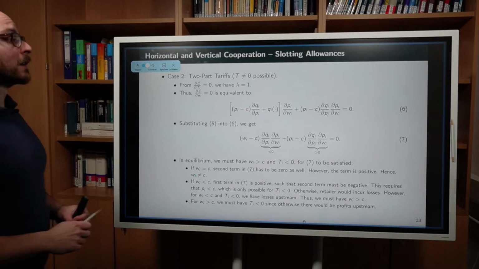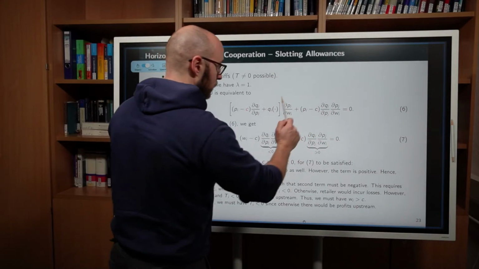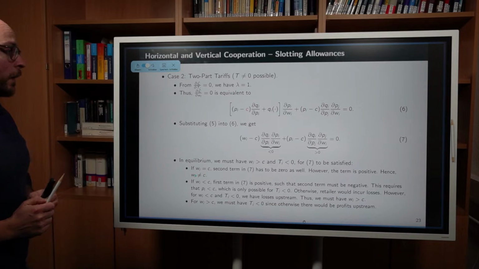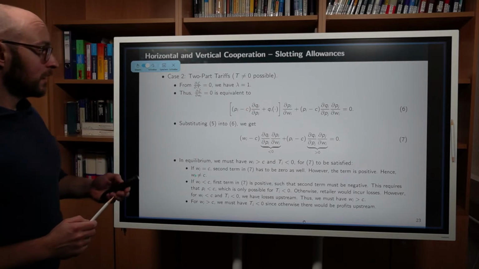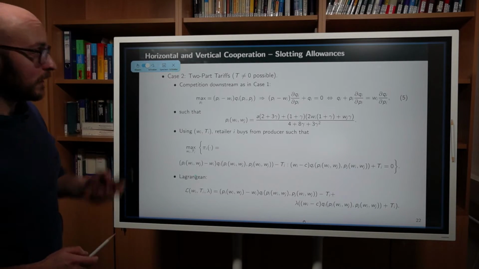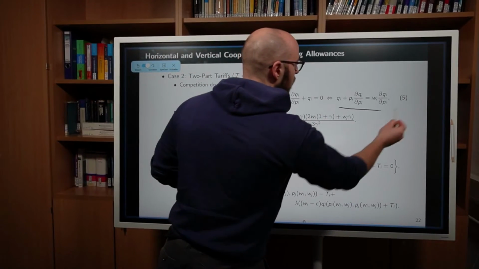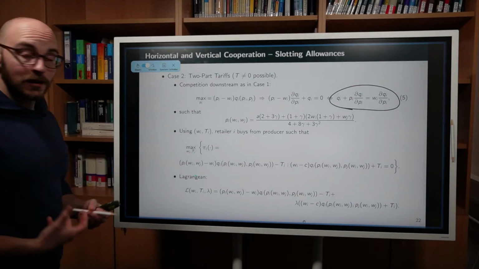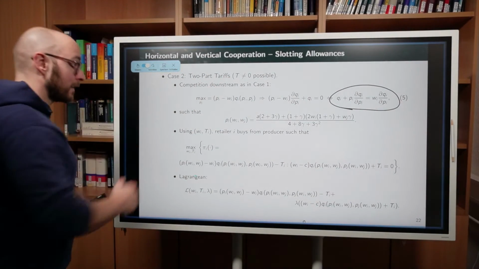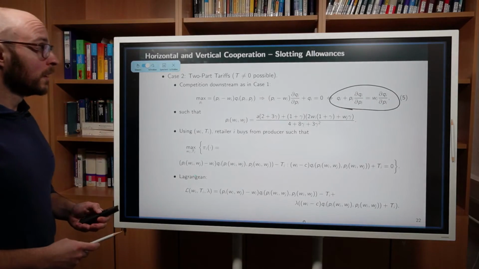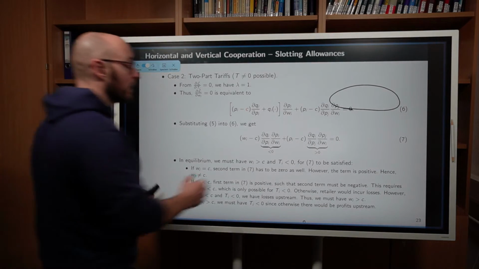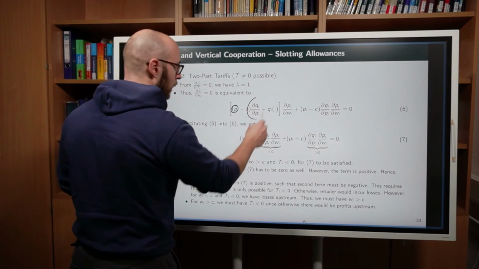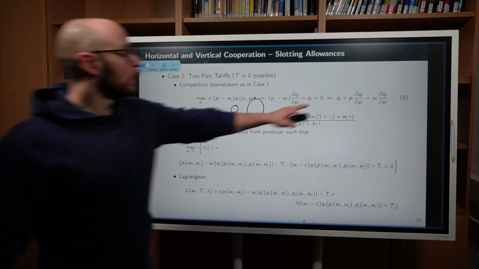Now, given that this is the FOC, what do we do next? What do we do about this? Well, the thing is it's pretty fancy. So what we then do is to use the expression 5, where I told you that you wouldn't do that if you didn't know where to go. But now we know that we need it, so we basically substitute this part here with this function.